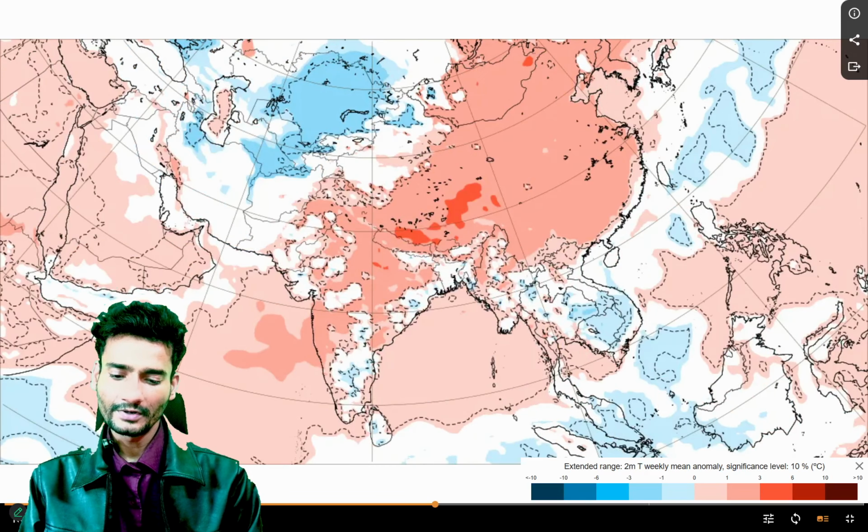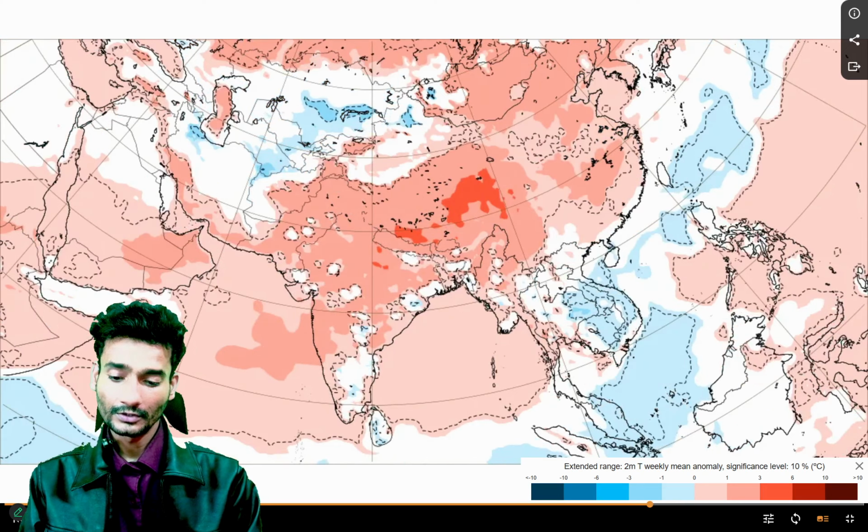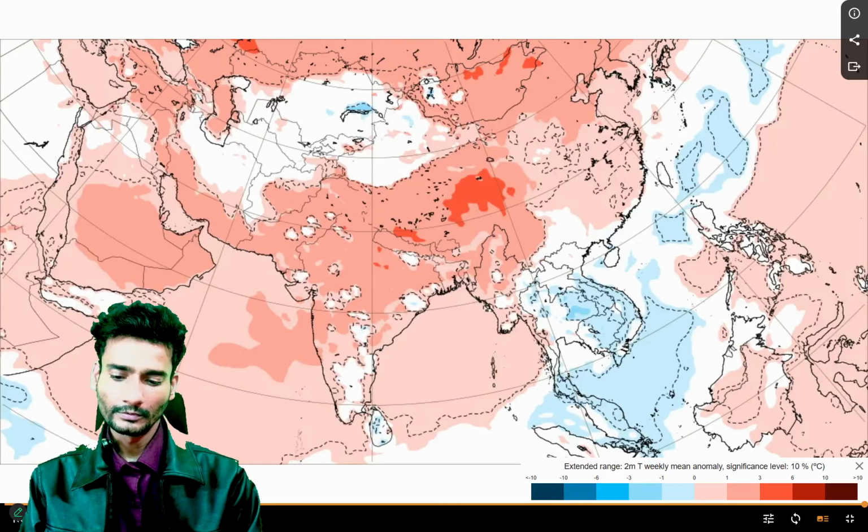If we go for 24 February to 3rd of March, same picture, some negative temperature anomalies over the southern peninsula India near Bangalore. Otherwise, most of the regions are above normal. From 3rd March to 10th of March, again we have a significantly above normal temperature anomaly over most regions, with little lower temperature over the southern peninsula. 10 to 17 March, we have above normal temperature over most part of India.